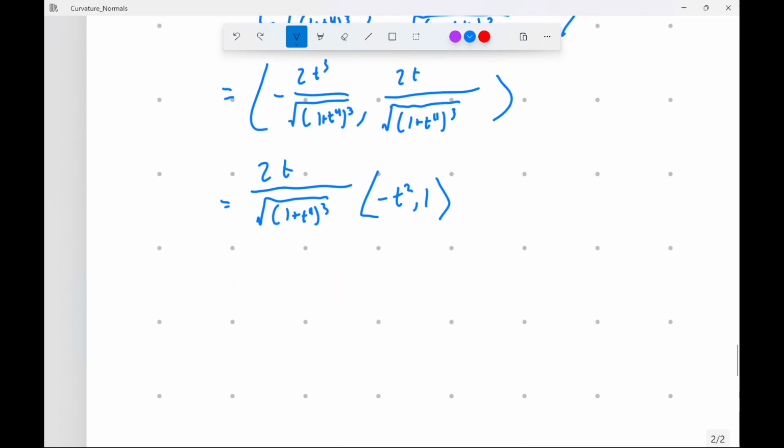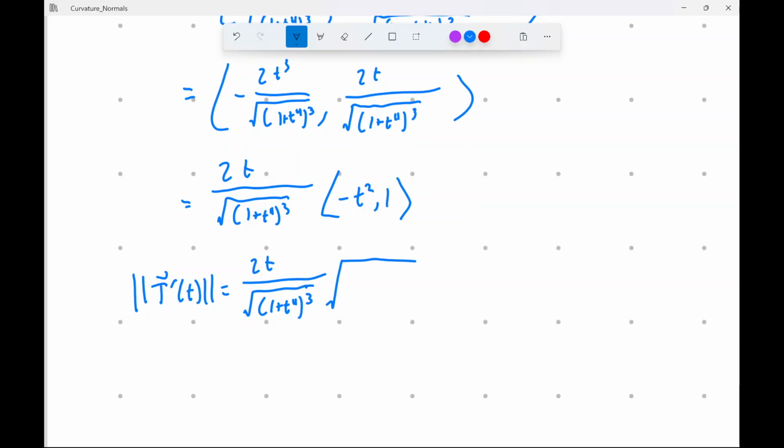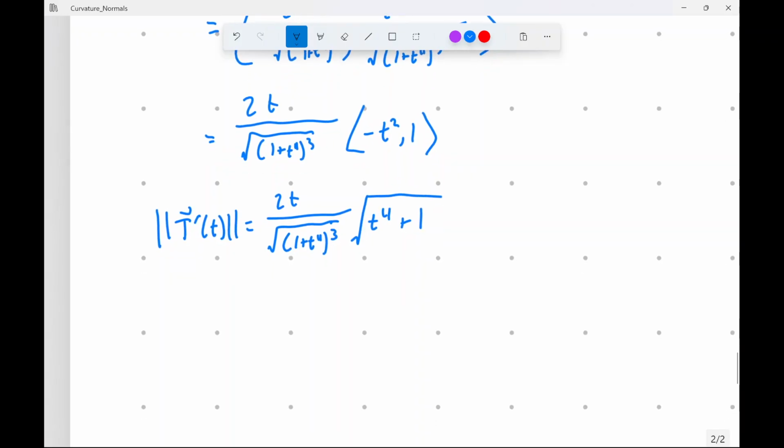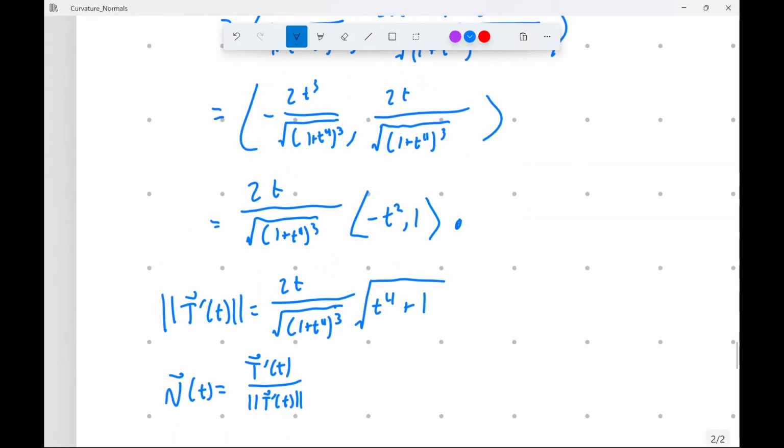Okay, so now the length of T prime of t is going to be, again, we have a scalar out in front, so you can just factor that out. And then here, it'll be the square root of this first number squared, which is t to the 4th, plus the second number squared, which is 1. I'm not going to simplify this because that's in both of these. They'll cancel out nicely in a second. So T prime of t divided by the length of T prime of t. This one over here was T prime of t, and this is the length of T prime of t.